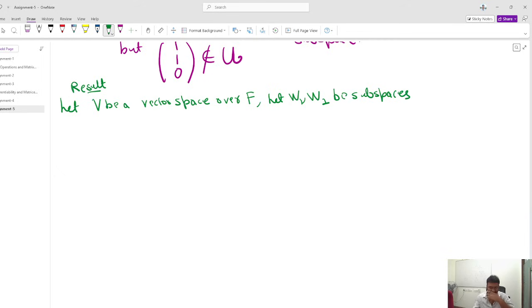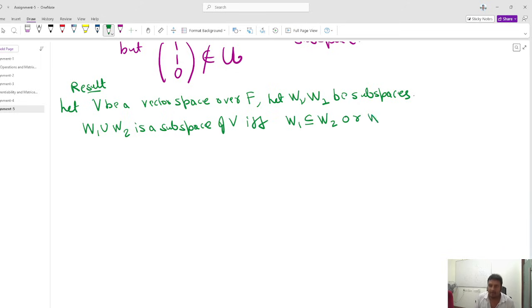What I want to tell you is when the union is a subspace: W1 union W2 is a subspace of V if and only if W1 is sitting inside W2 or W2 is sitting inside W1. This is a very, very fantastic result. It teaches you a lot of the logic of mathematics.